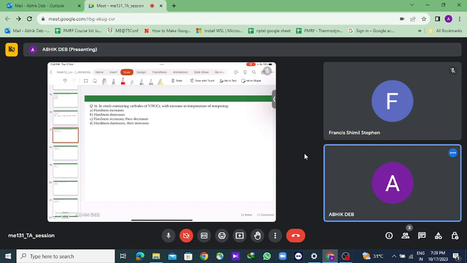Just give me a minute. Tempering is basically done to reduce the hardness, that we know.